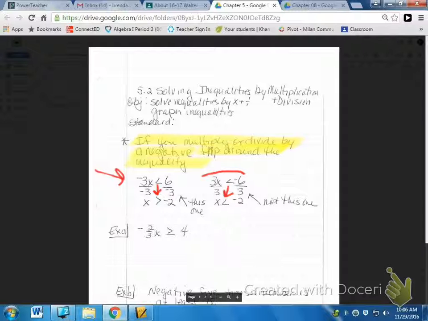Okay, so we're going to look at a couple of extreme cases because this is pretty basic step for algebra. The one that I do want to point out, just to refresh your memory, would be example A. Negative 2/3 x greater than or equal to 4. So basically what you would do is you multiply by the reciprocal of that fraction to make that fraction go away. So it's negative 2/3.